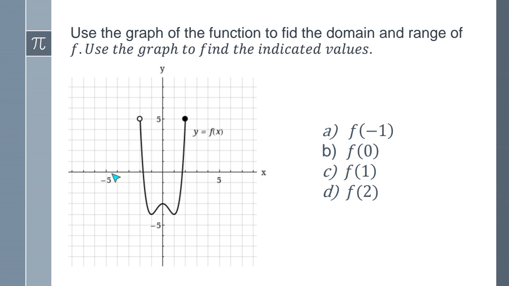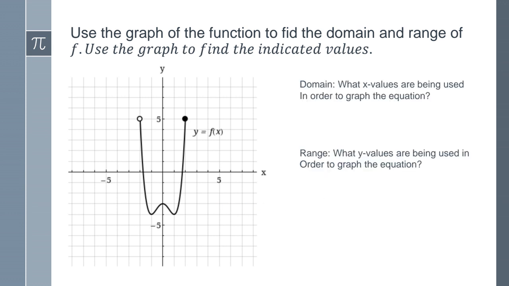So for example, if I look at x equals -5, and if I go up and if I go down, I'm not going to touch the graph. So -5 is not part of that domain. Let's go ahead and find the domain. The values that are being used start at this point here. If we go up, we see a circle, but it's not shaded.